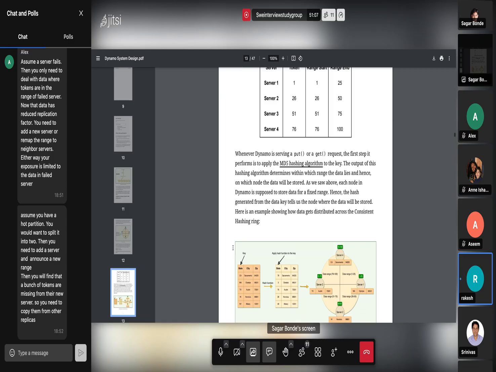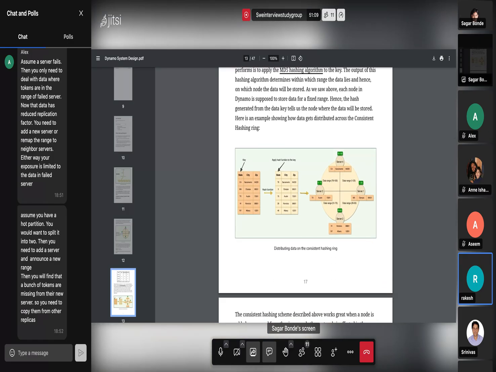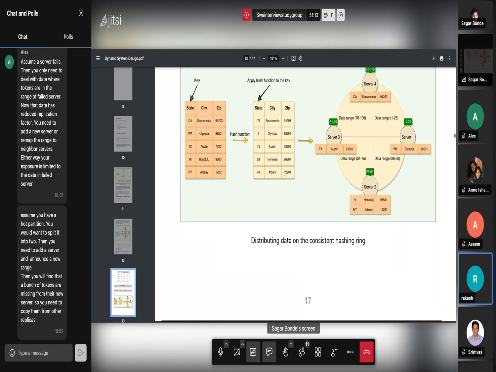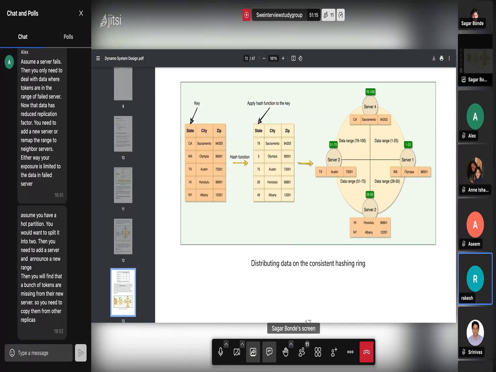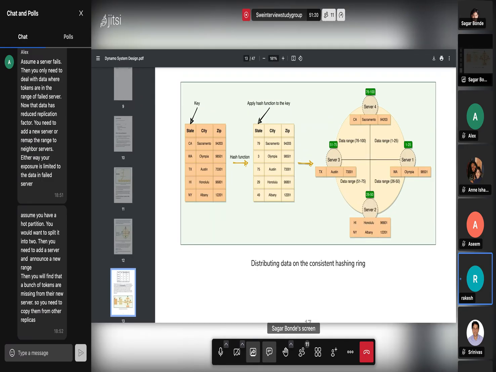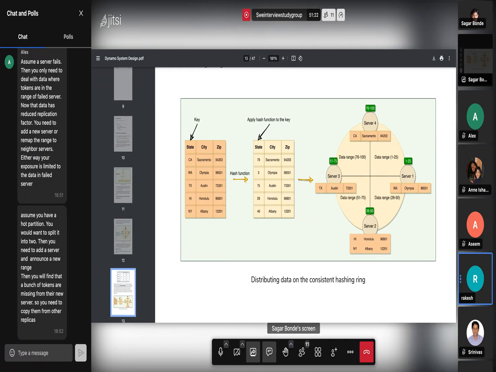Can we go down? Can we increase the font a little bit? So the key here, they have taken as a state: California, city Sacramento, zip code.